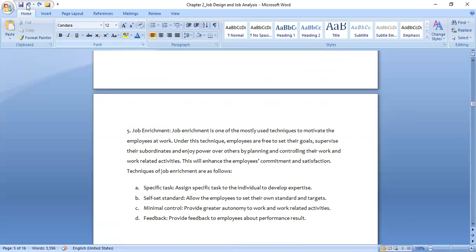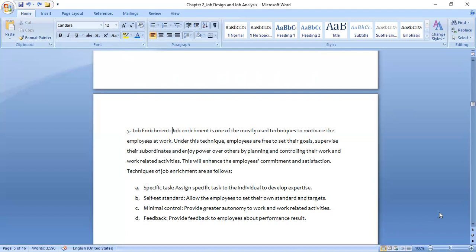And also to set their own goals. So that is job enrichment. And with this job enrichment, it enhances employees' commitment and satisfaction.